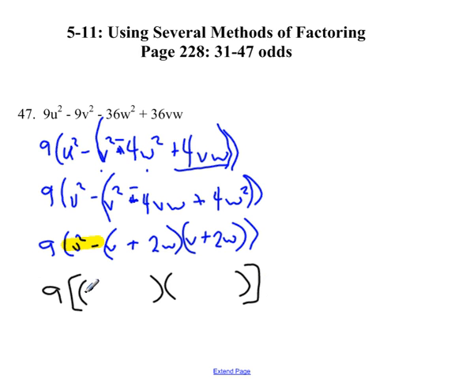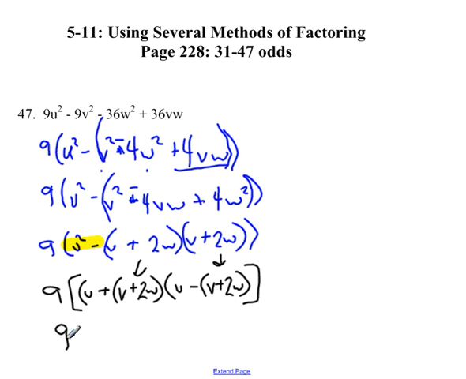u squared minus will be u plus, u minus. Now since I have u plus 2v twice, I'm just going to put, oh no, that's v plus 2w. I'm going to put this one here. I'm going to put this one here. And that's a v plus 2w.